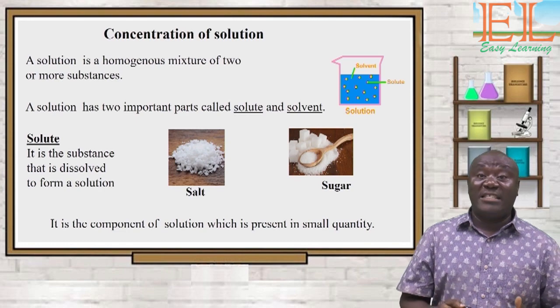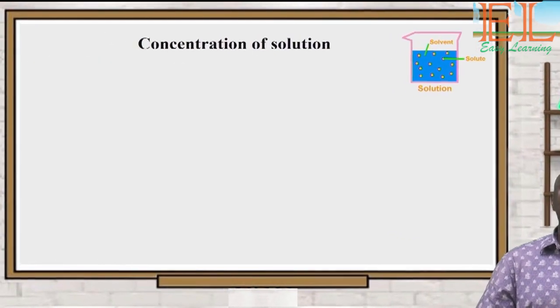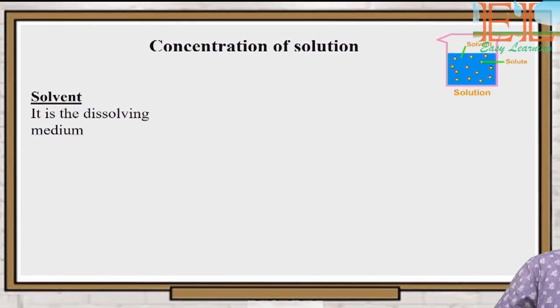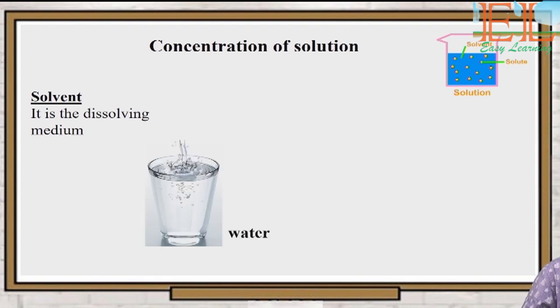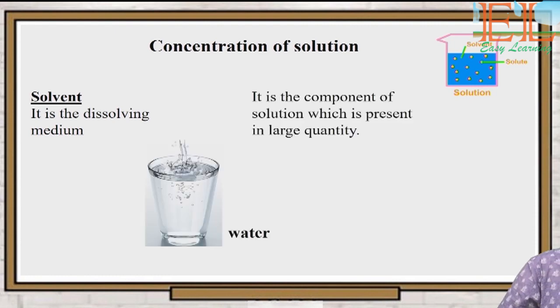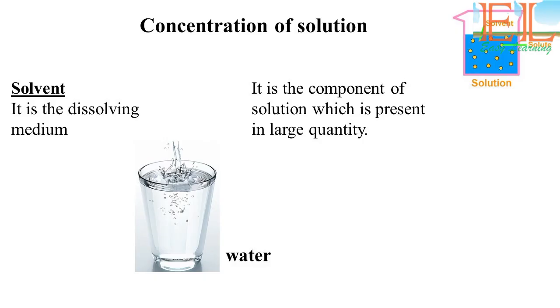Now let's look at solvent. It is the dissolving medium of a solution. For example, water. It is the component of the solution which is present in large quantity. Now let's turn our attention to the amount of solute in a given solvent of a solution.